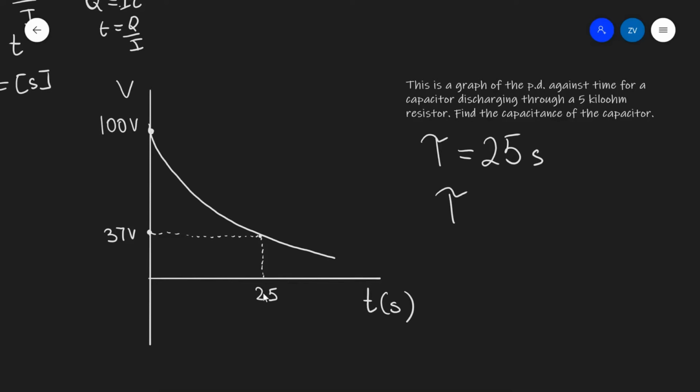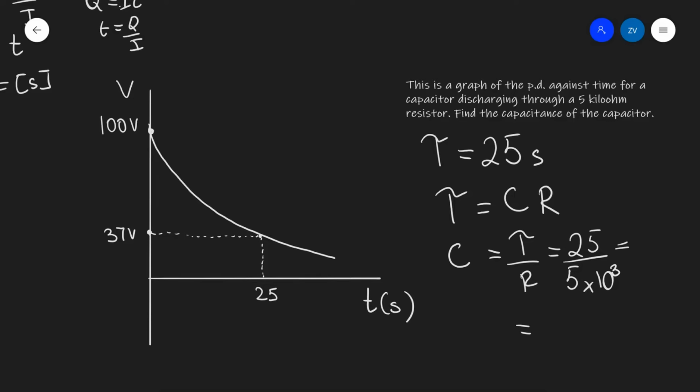However, remember that the time constant is the product of the capacitance times the resistance, which would mean that our capacitance will be equal to our time constant divided by the resistance, which will be 25 divided by 5 kilo ohm. It's going to be 5 times 10 to the power of 3. And if we put that into a calculator, this will give us 5 times 10 to a power of -3 farads.